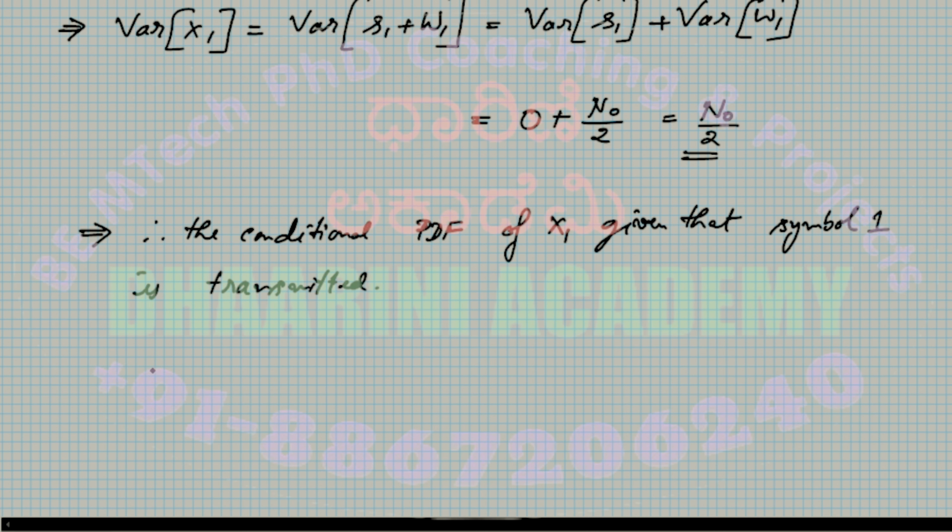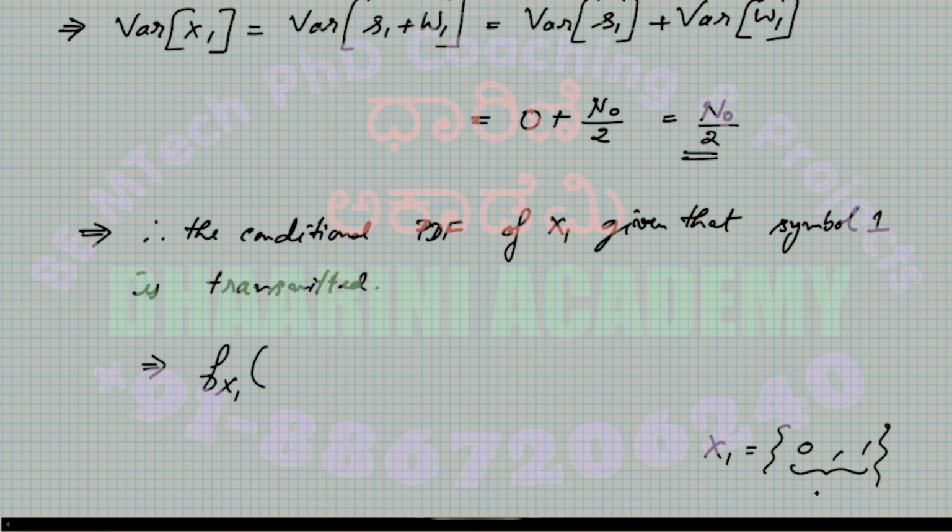Let's try to write this. So we give a notation. PDF is denoted by small letter f. Which random variable you are talking about, you write in capital format as a suffix, that I'm talking about X1. Now you tell me the receiving component. The possible values of capital X1 maybe can be 0 or 1, which means what?